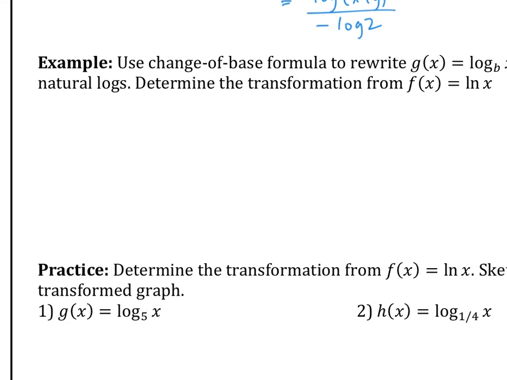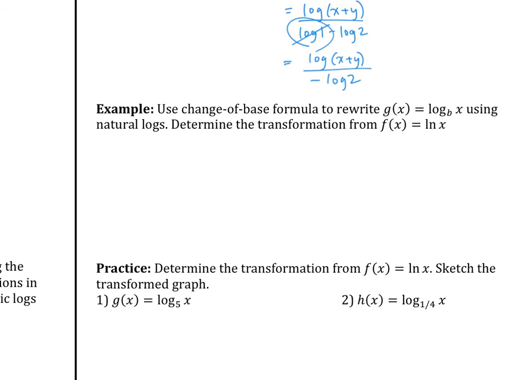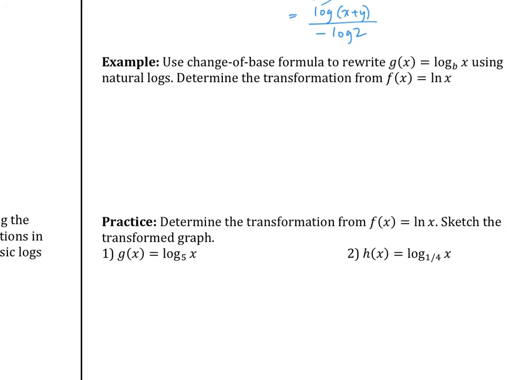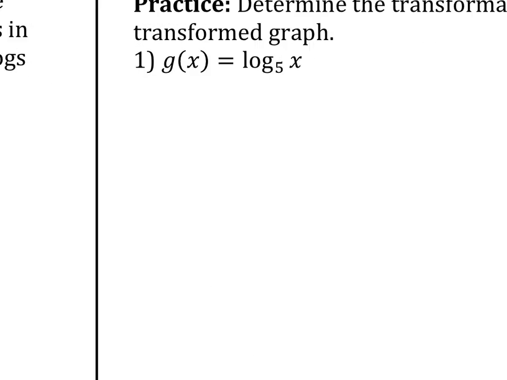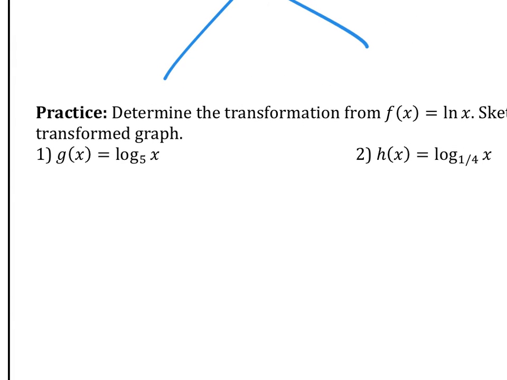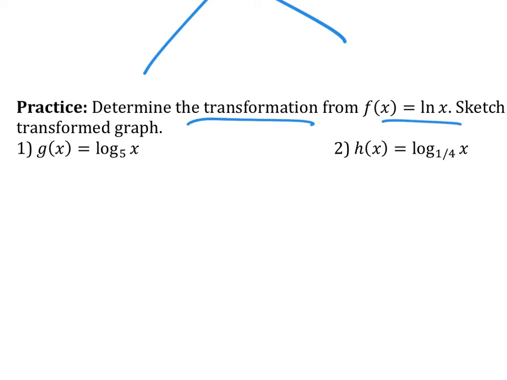All right, now we're going to use this whole idea, but we're going to figure out some transformation. So we're going to skip this one and go straight here. It says determine the transformation from natural log x. Sketch the transformed graph.